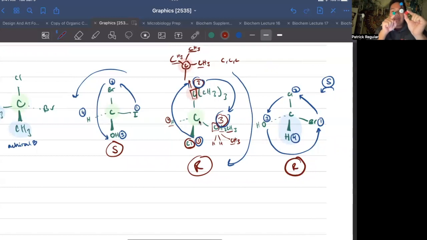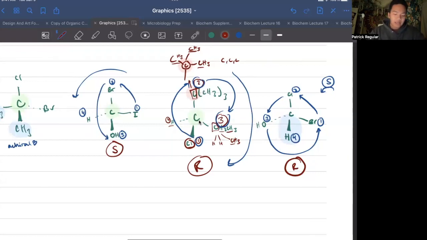If I'm counting it normally, that's my perspective, but from your perspective you flip that entire rotation. That's why the switch method works. When you count around 1, 2, and 3, H should be in the back. So if it's in the front, you're reversing that entire process. So if H is in the front, switch it. This might come in handy when we're doing Fischer projections.